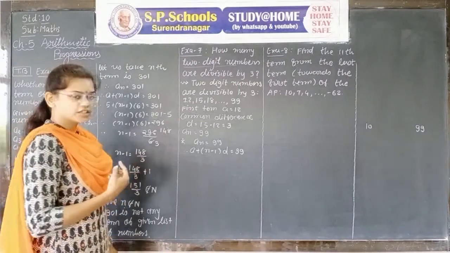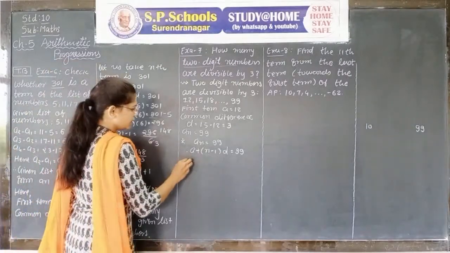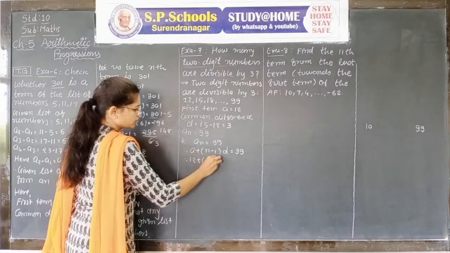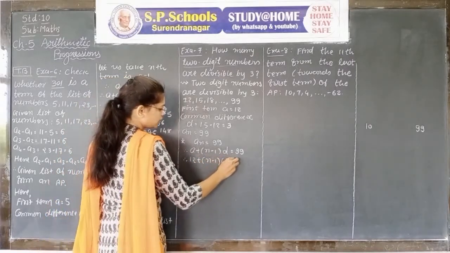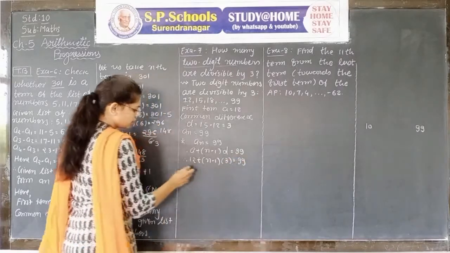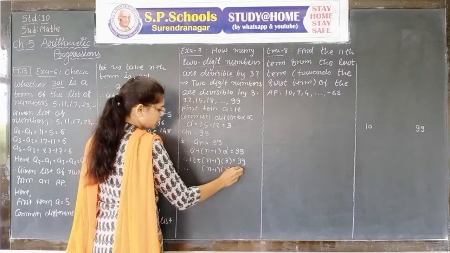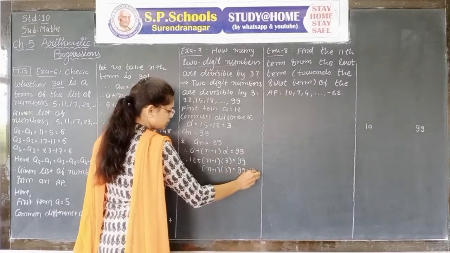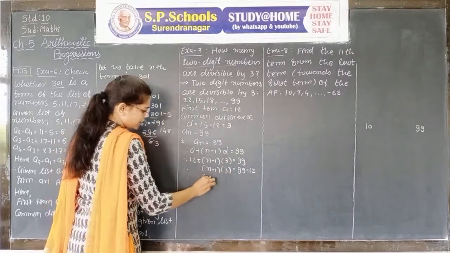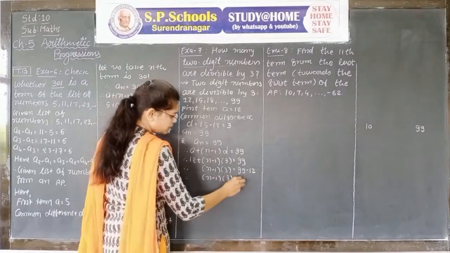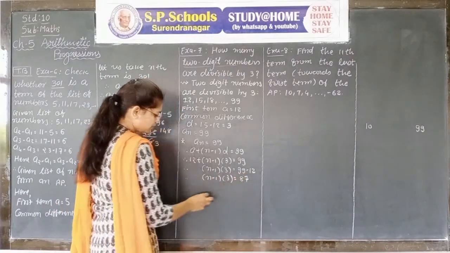First term a is equal to 12 plus (n minus 1), common difference d is 3, is equal to 99. By making (n minus 1) into 3 the subject, we get 99 minus 12. Therefore, (n minus 1) into 3 is equal to 99 minus 12, which is 87.